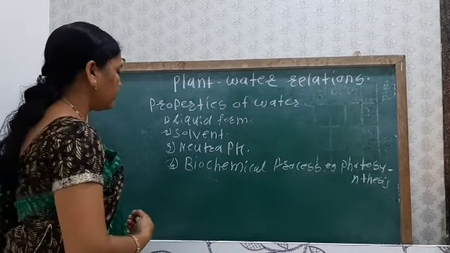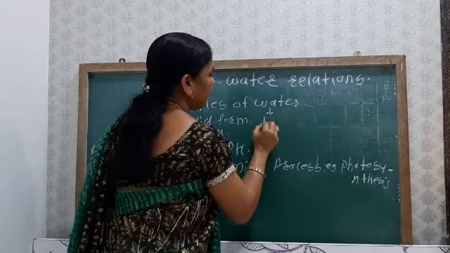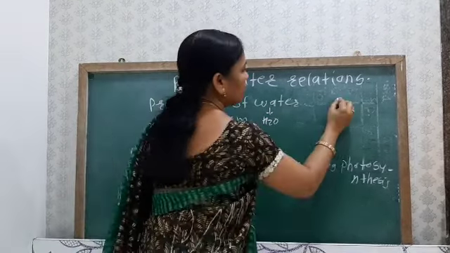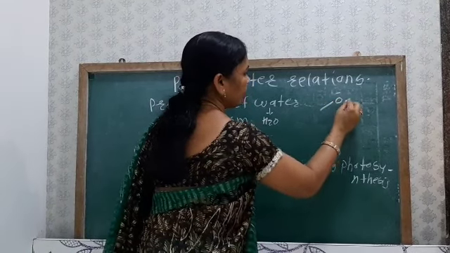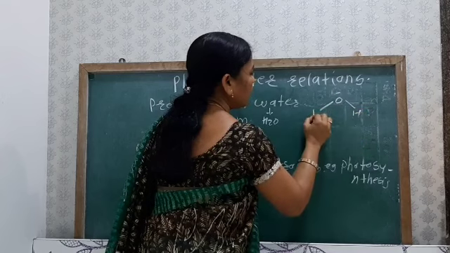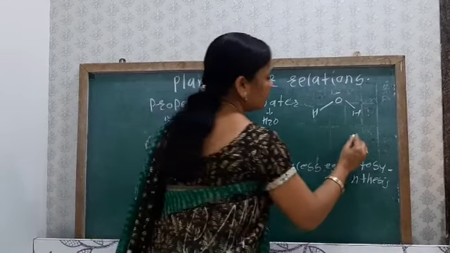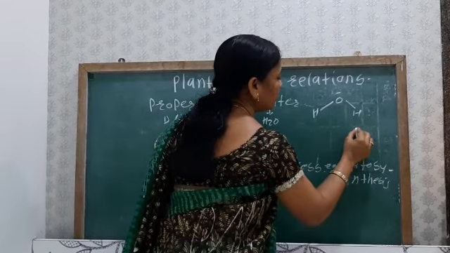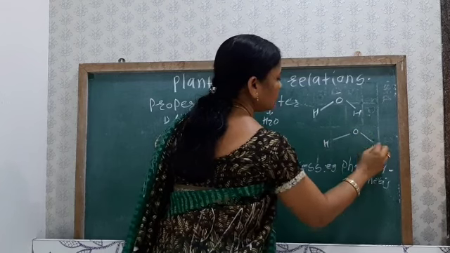The water molecule is H2O, with one oxygen and two hydrogens. Here is one water molecule, then another water molecule, each with oxygen and two hydrogens.